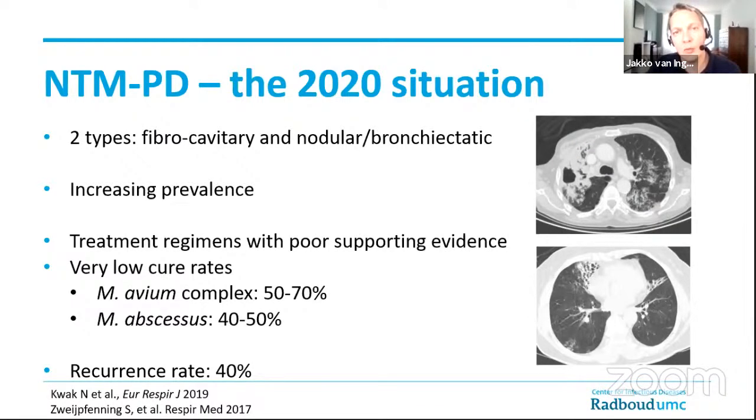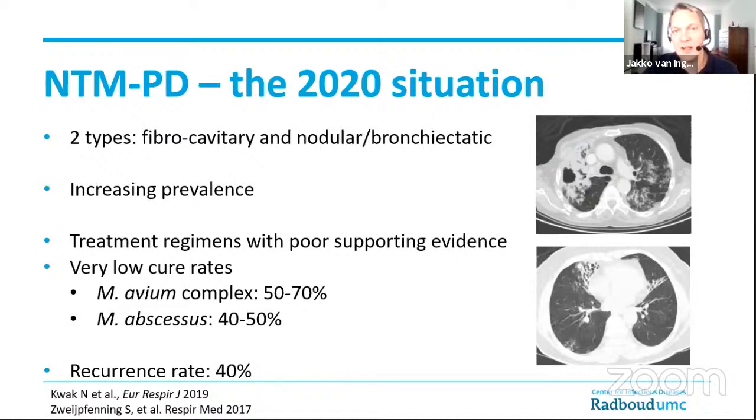And then whenever you hear people speak on NTM, what you'll hear is that the prevalence of NTM disease is increasing. Now, there's not a lot of very good research to support that. Although, as a clinician, it's obvious that more and more patients come to the attention of physicians with this disease.